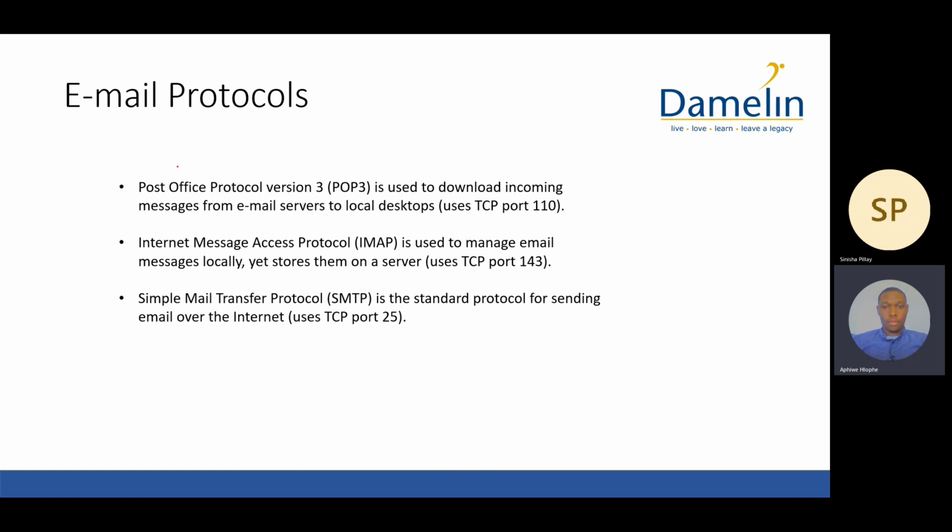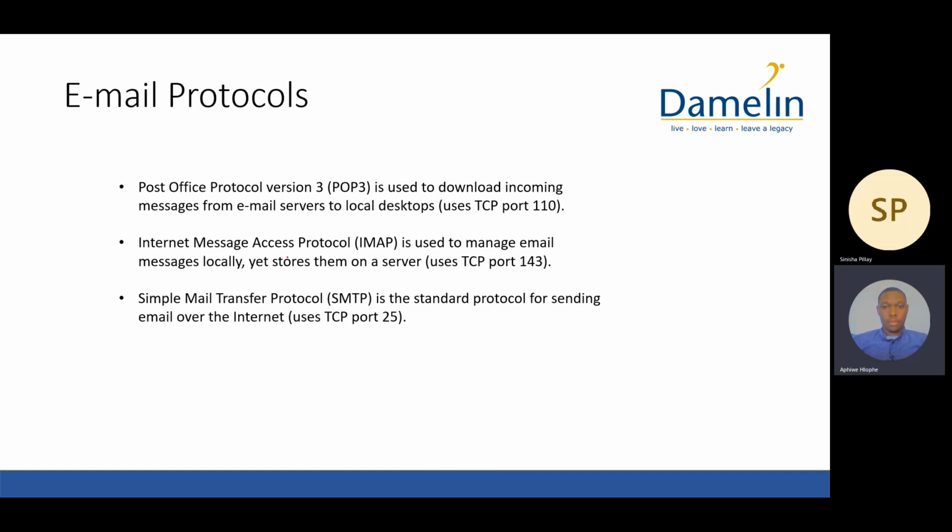Post office protocol is used to download incoming messages from email servers to local desktops. POP3 downloads a copy onto your local computer, so the changes are not fully synchronized when you delete. With IMAP, however, you're basically like a terminal.